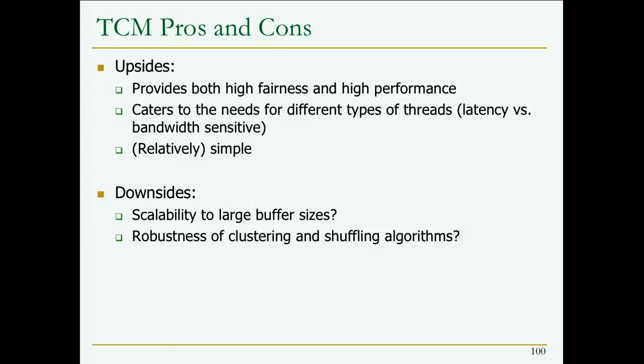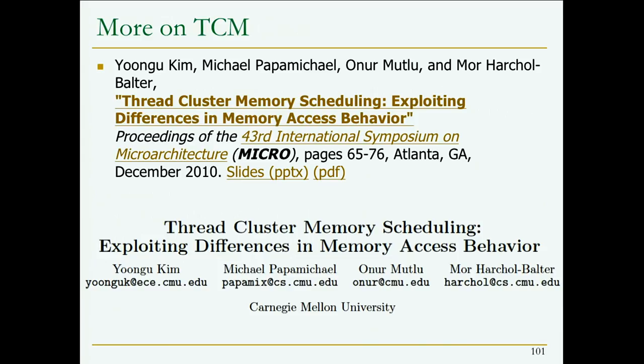There's been a lot of thought into putting in more clusters, but that increases the complexity of the scheduler also. And ranking is still too complex. Maybe ranking is not the thing that you always want, and we're going to talk about that next. Can we achieve a good amount of the benefits of ranking while improving the performance and fairness even more? Any questions?